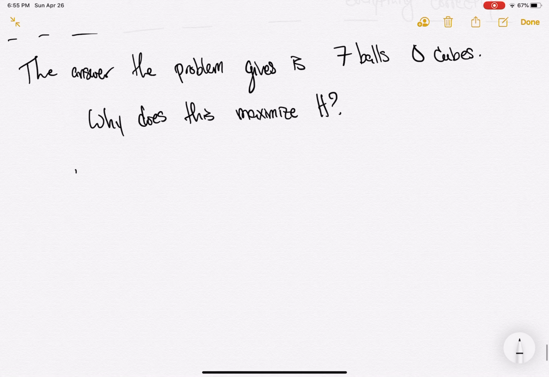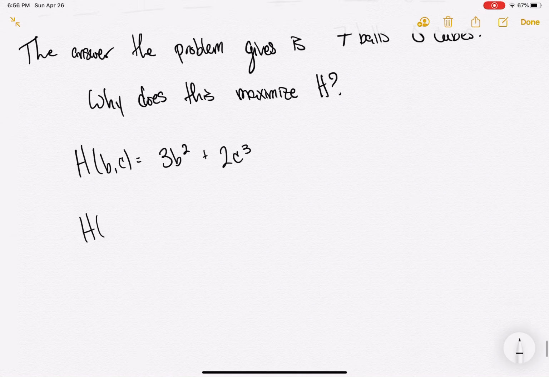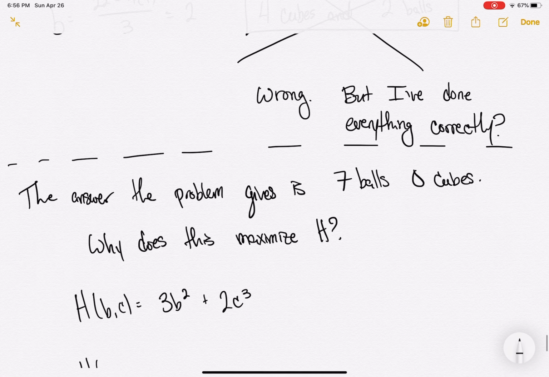Let's look at it. If we remember, h of b, c was 3b squared plus 2c squared. So let's try our ones above.